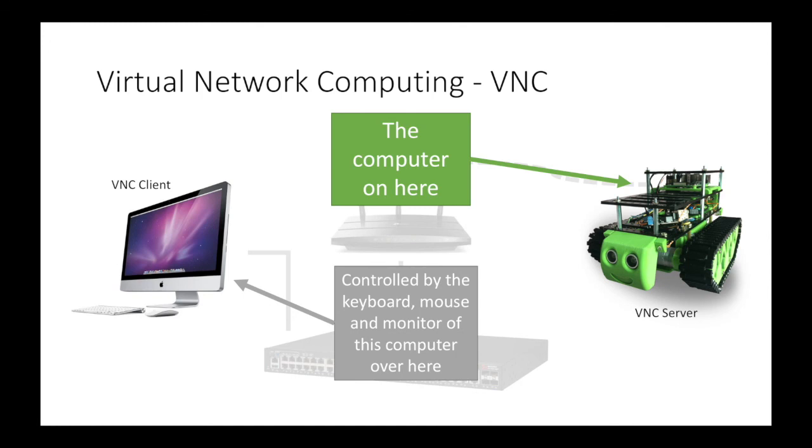Essentially what it means is that you'll see the operating system of the Raspberry Pi, which looks rather old, but it's still quite good, on your computer screen of your computer in the Mac Lab.